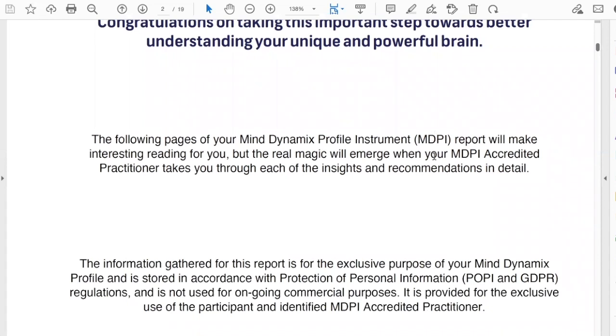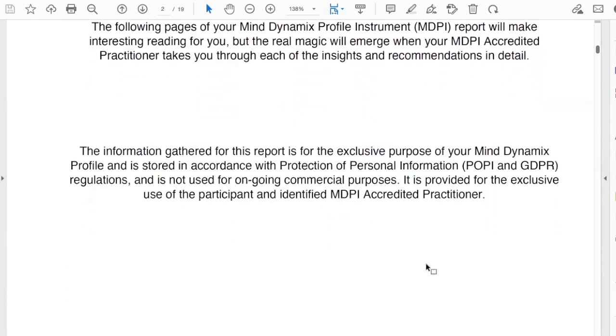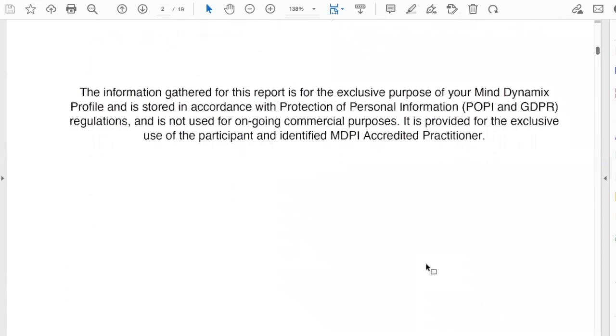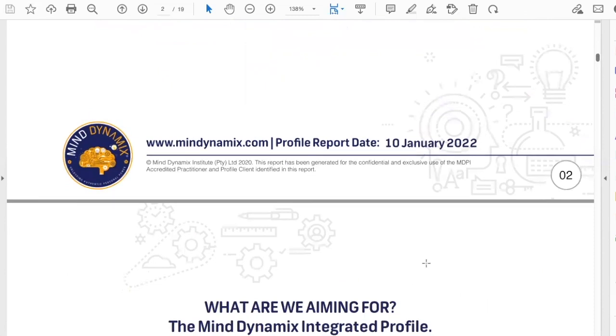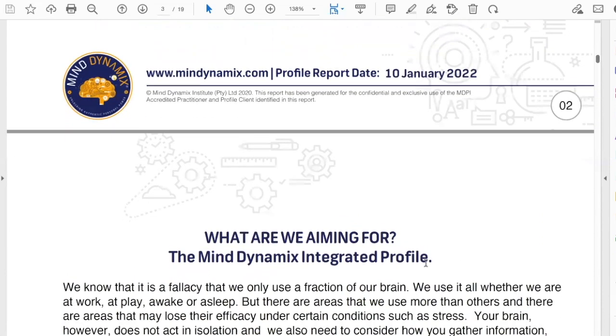It's from a positive perspective, because already there's going to be a great deal of anxiety on the part of the client. You can imagine this is the first time that you're being exposed to your brain. So for many, many clients, you will find that there is a degree of anxiety, and what you want to do is remove that as early on in the process as possible.